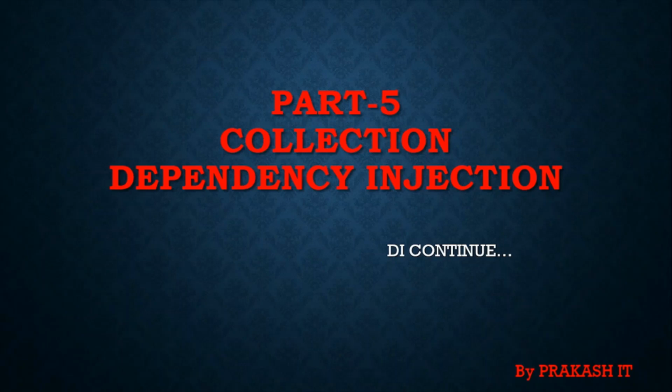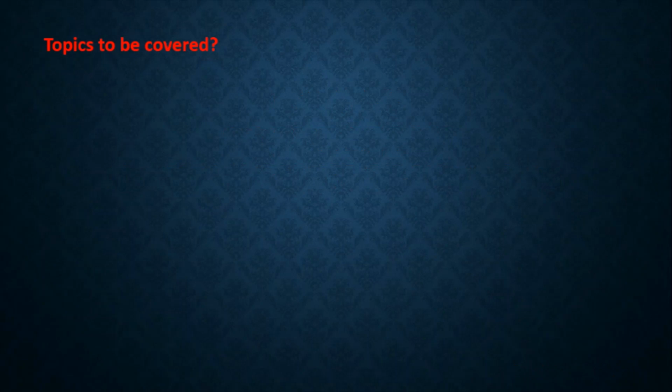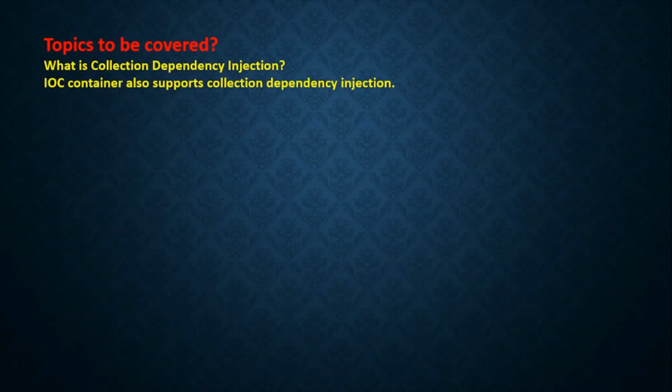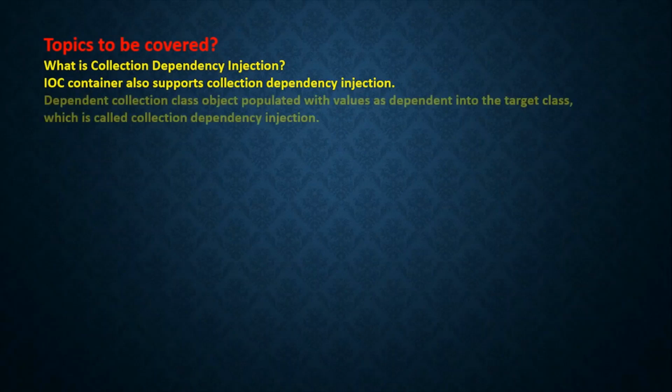Before that, let me just go through quickly what we mean by collection injection. Similar to setter and constructor injection for primitive and object type, the IOC container also supports collection dependency injection. Basically, collection dependency injection is when a dependent collection class object, populated with values, is injected as a dependency into the target class.